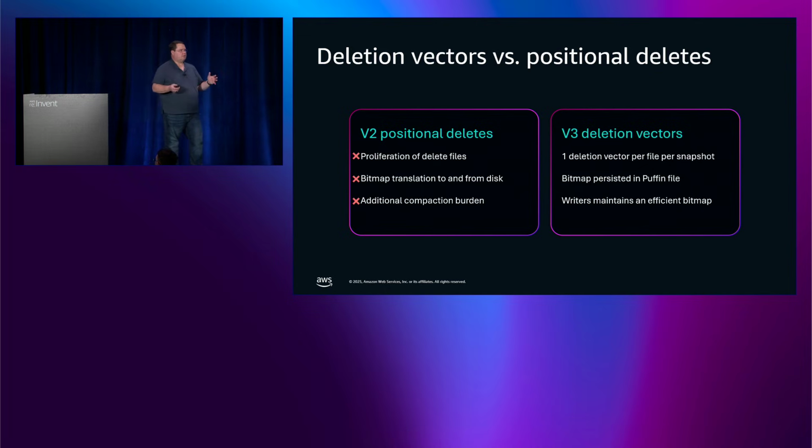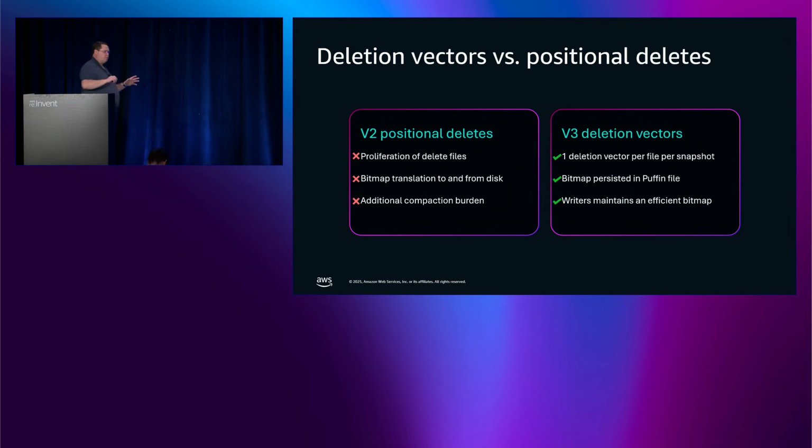The other is the positional delete files are translated from a bitmap into a Parquet file, and then on read that is reversed. You're pulling data off of a Parquet file, and then you're building a bitmap on the fly to filter out the result set. With V3, a lot of these challenges are solved. Per the spec, the writer implementation is only allowed to produce one delete file per snapshot.